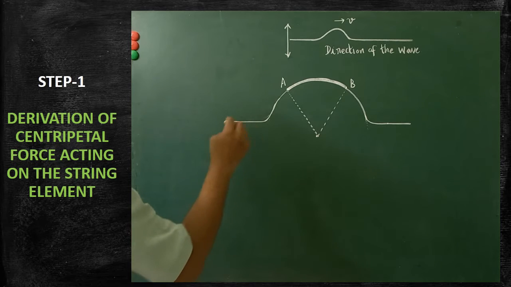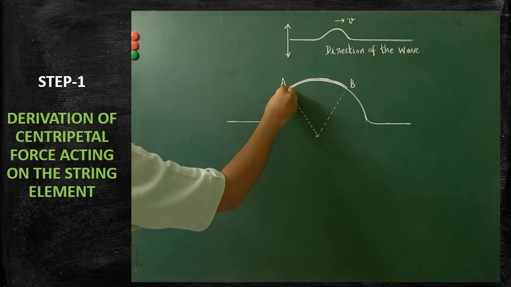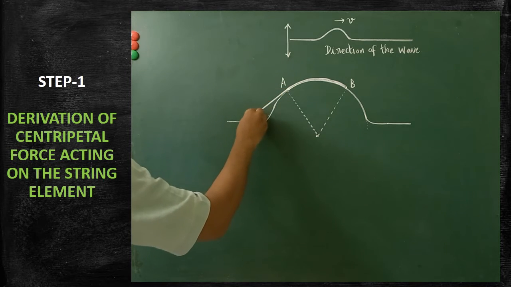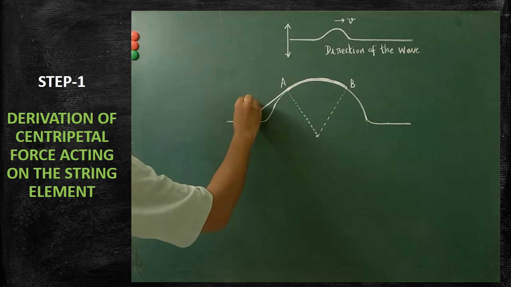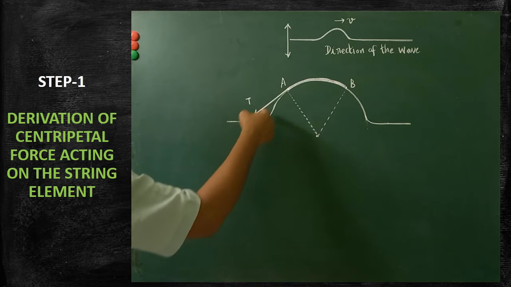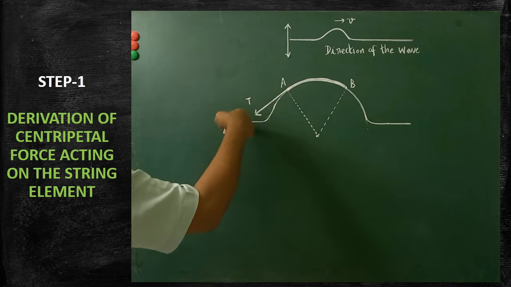Here, when the string is vibrated, the string will have tension. Without tension we are not able to produce the wave. So tension is provided here. This is the direction of the tension. On either side of the segment you have to draw the direction of the tension. In this direction the tension is to be drawn.